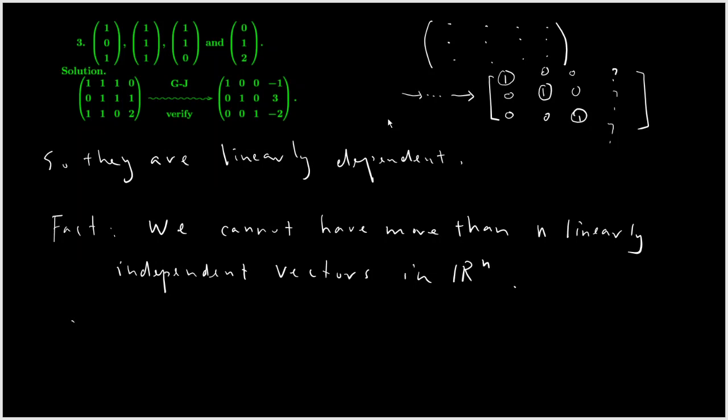Let's say the vector formed by the last column is -1, 3, -2. The first column is 1, 0, 0. The second column is 0, 1, 0. The third column is 0, 0, 1.